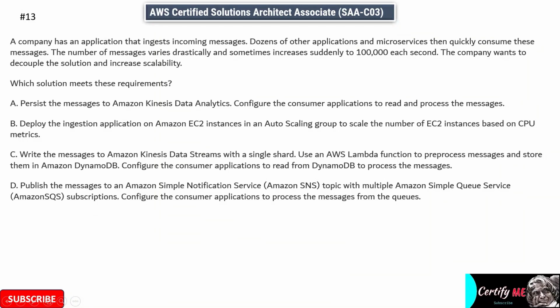Use an AWS Lambda function to process messages and store them in Amazon DynamoDB. Configure the consumer applications to read from DynamoDB to process the messages. Option D. Publish the messages to an Amazon Simple Notification Service topic with multiple Amazon Simple Queue Service subscriptions. Configure the consumer applications to process the messages from the queue.